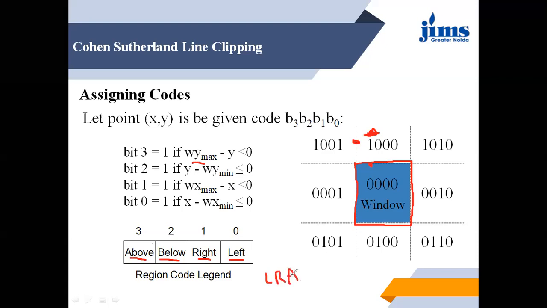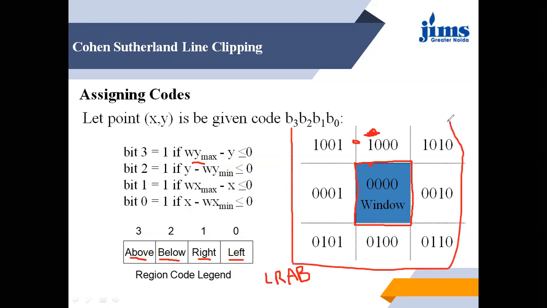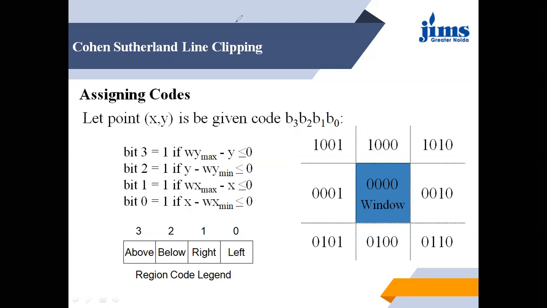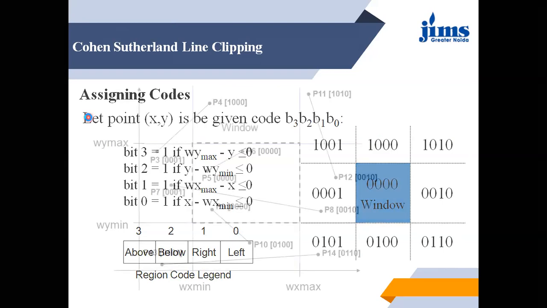But whatever format we assume, we have to use the same format for all the regions. So now we will see how we can assign the codes to the lines.